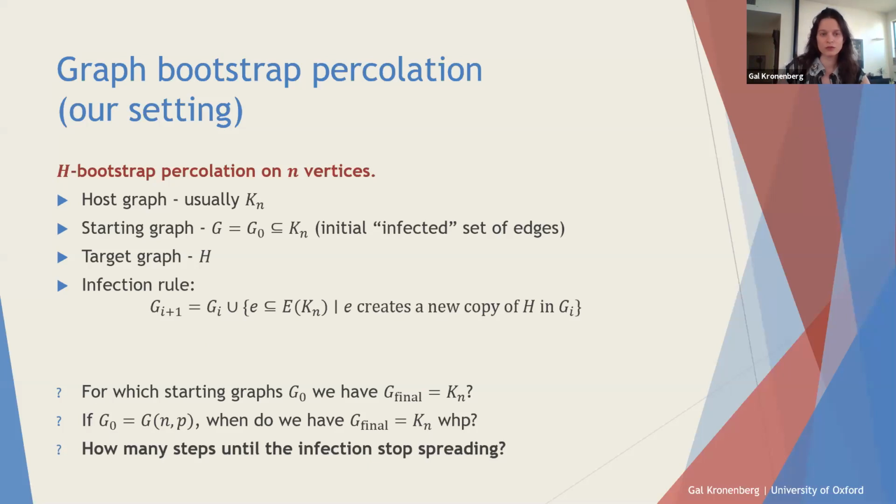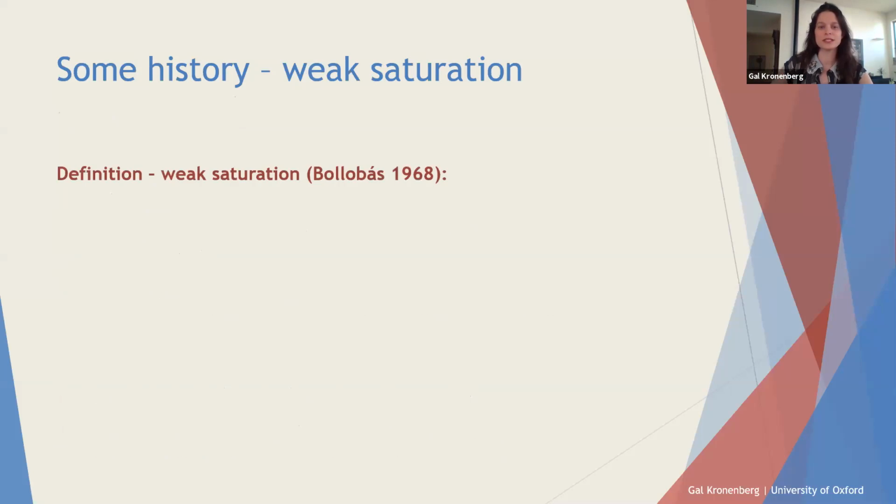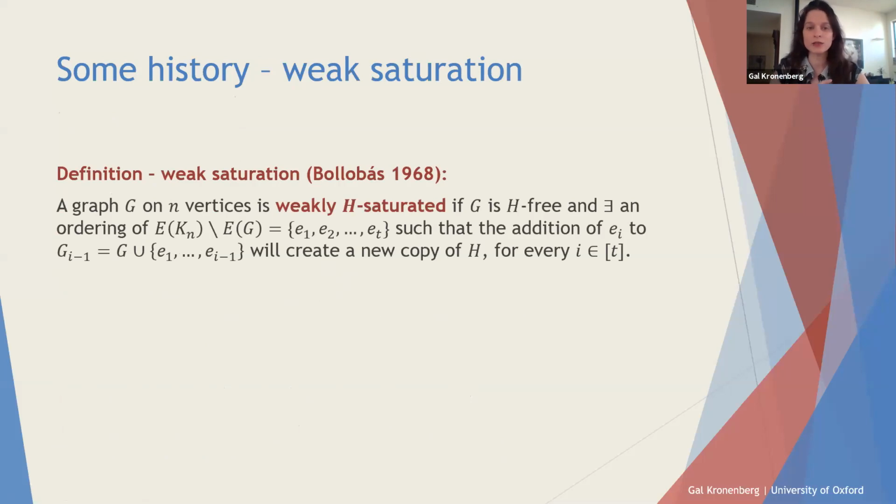Before moving to an example, let's talk a little bit about history. This graph-bootstrap percolation was introduced by Bollobás in the late 60s under a different name, weak saturation. Let me quickly define it. What is a weakly saturated graph?